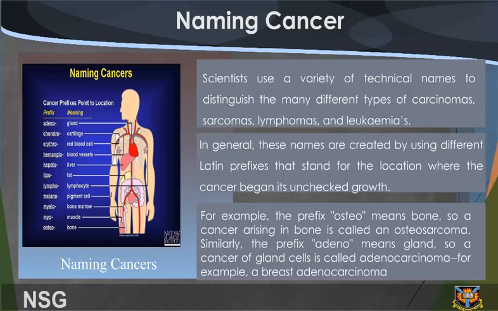For example, the prefix osteo means bone, so a cancer arising in bone is called an osteosarcoma. Similarly, the prefix adeno means gland, so a cancer of gland cells is called adenocarcinoma. For example, a breast adenocarcinoma.